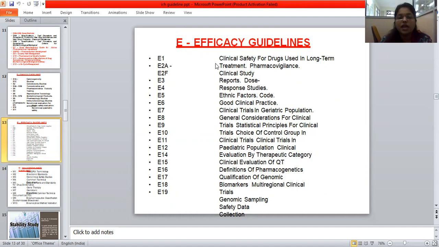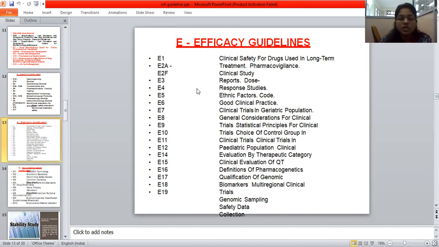E2A is for treatment and pharmacovigilance guidelines. Those who go into pharmacovigilance refer to the E2A guideline and the E2F guideline for the clinical study. How to maintain the report and doses, they can refer to the E3 efficacy guideline.